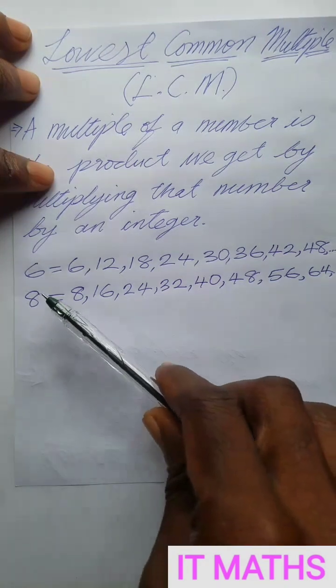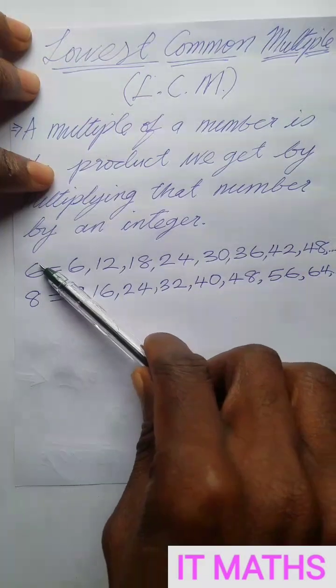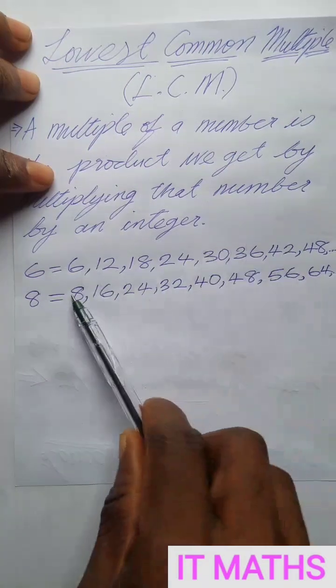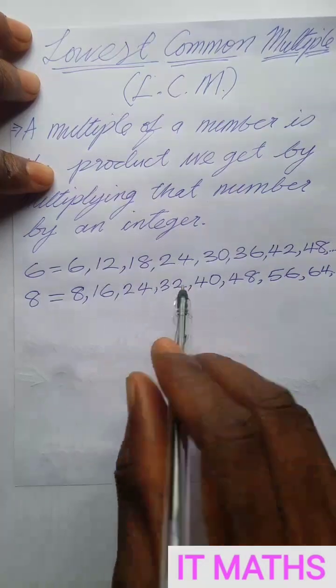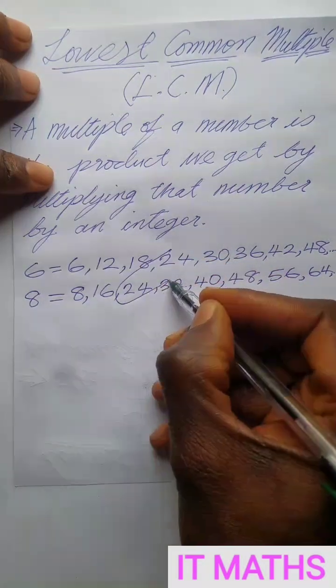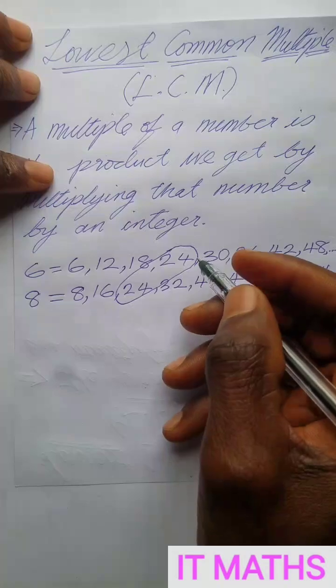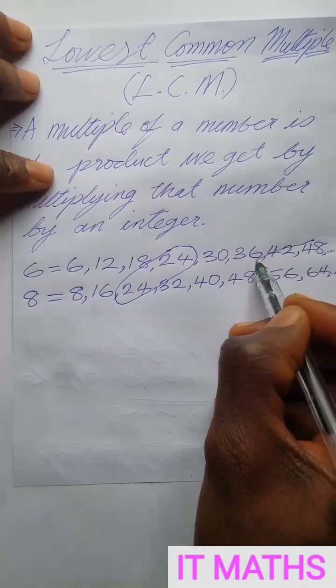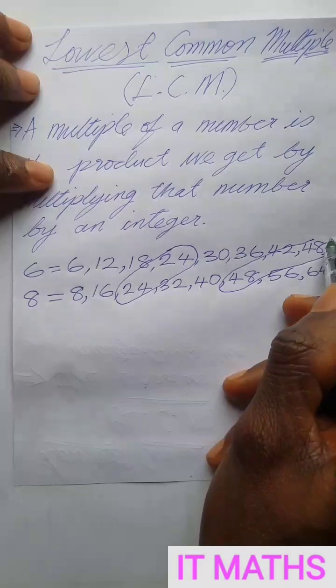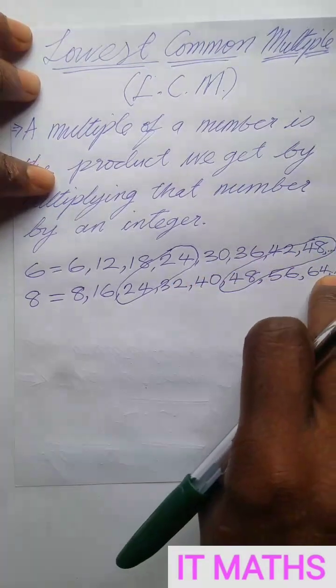So what would be my common multiples? What are the common multiples of 6 and 8? Common ones are, I see 24 here, I see 24 here. Okay, so I have a common multiple, 24 there. I see 48 here, I see 48 here. I have another one.